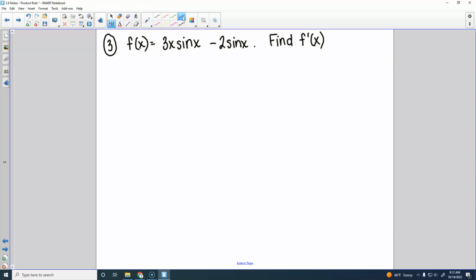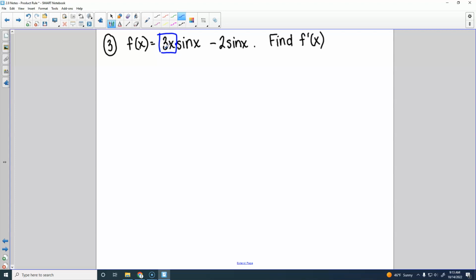All right, so for this, part of this function requires product rule. Part of it does not. This first part requires you to use the product rule because you have 3x times sine x. So this expression right here, 3x, that is a function.